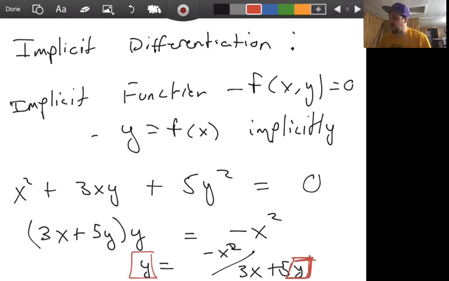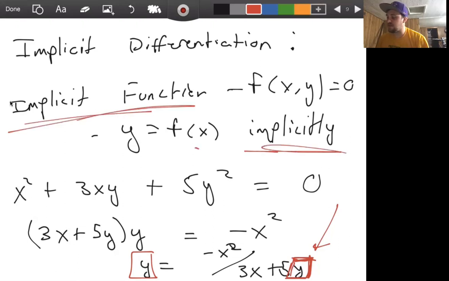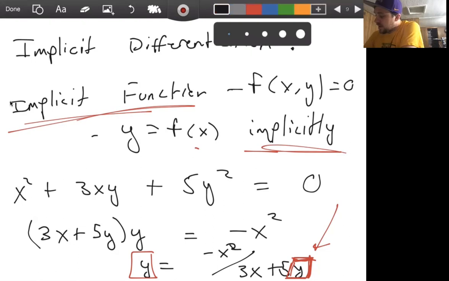And when we can't write y explicitly in terms of x, like we still have to have y's on the right-hand side of the equation, well, then we say this is the implicit function, or y is a function of x implicitly, right? And so we can still calculate derivatives here.